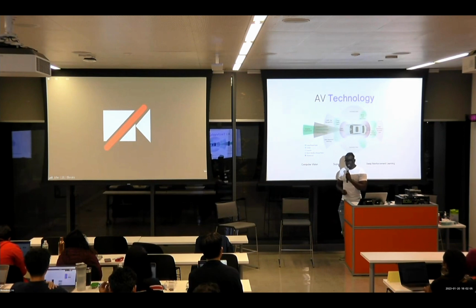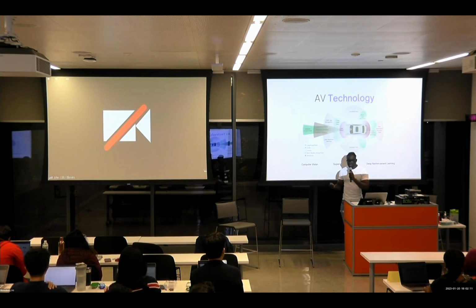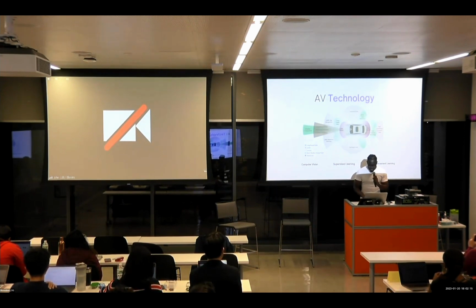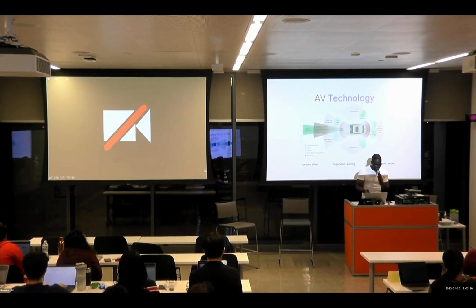And then also the expensive tech. We looked at some of them like LIDAR, light detection and ranging, radar, as we know of. Coupled with all the hardware is the software, the machine learning algorithms, computer vision, supervised learning, deep reinforcement learning, providing foresight and hindsight, and making all of this happen.